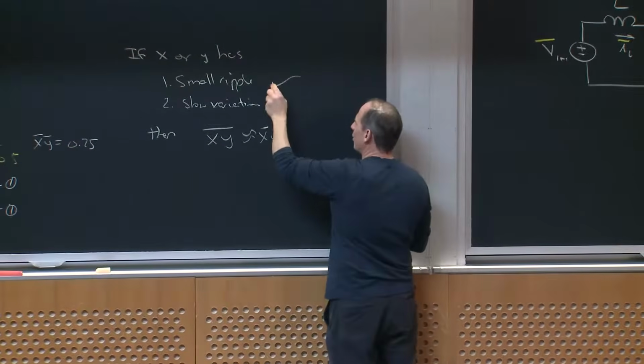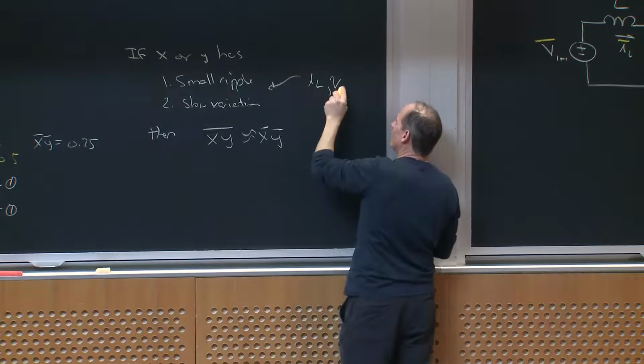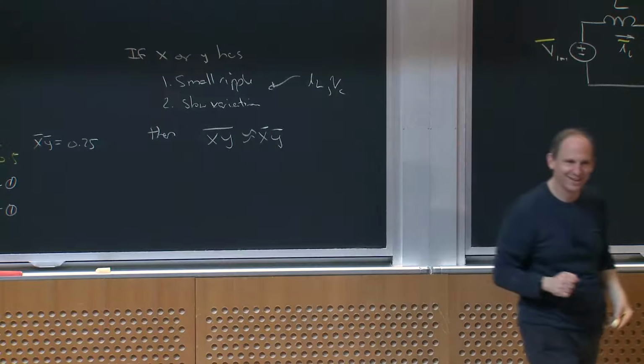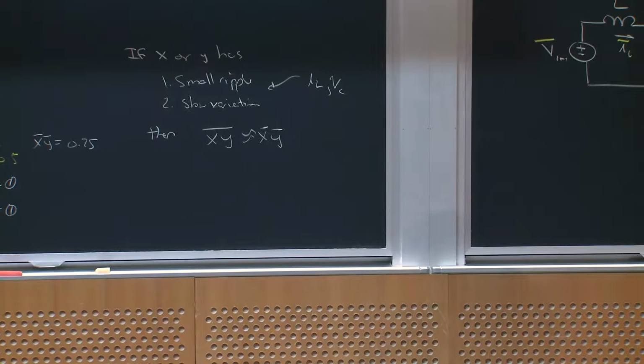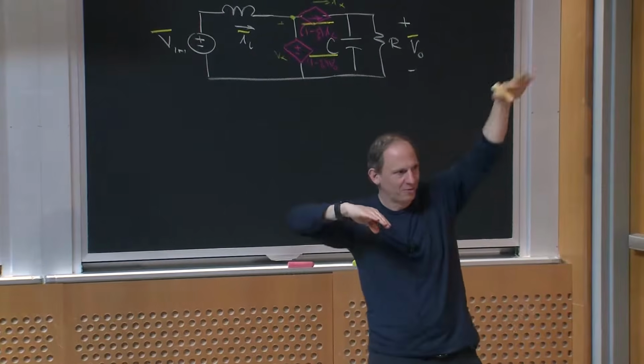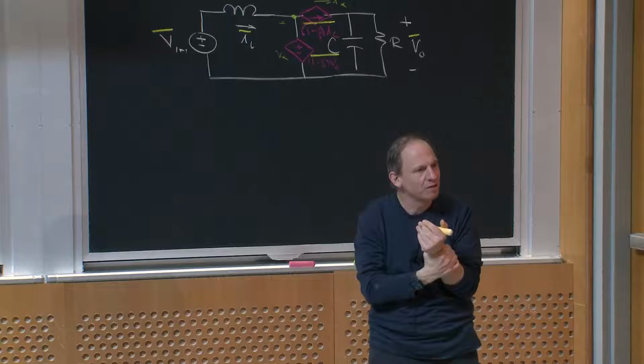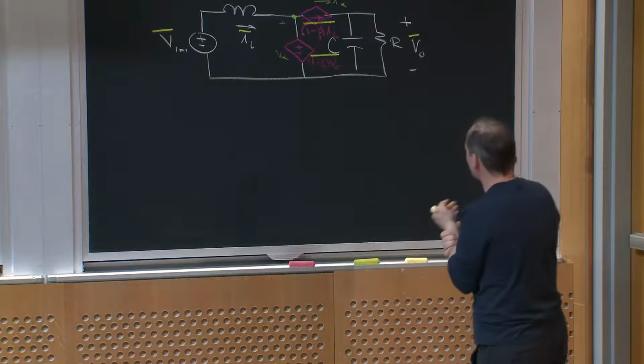This might be true if X or Y is an inductor current or a capacitor voltage. Even in the example I was showing you, there's some ripple, but it's on top of a big DC offset. It's not really violating that approximation very much.